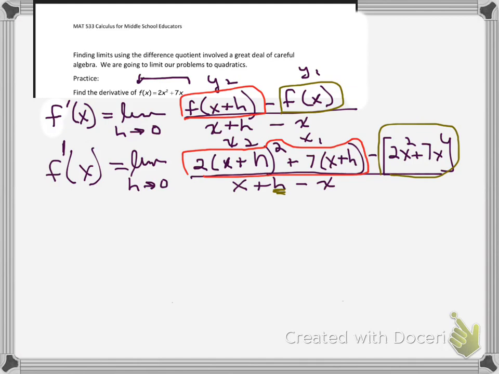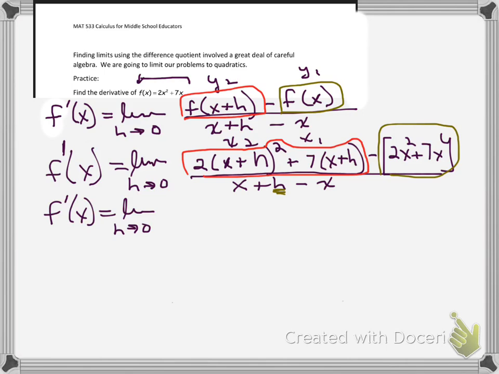Okay, so let me continue. So let me get back my color. Next thing, I'm going to have to expand everything in the red box. So f prime of x equals the limit as h goes to 0 of... I'm going to FOIL the x plus h and multiply the whole thing by 2.